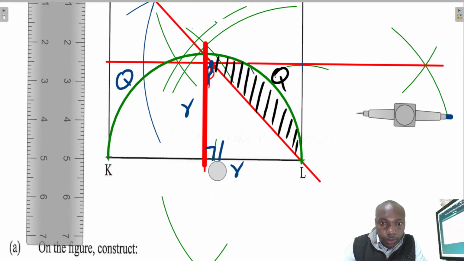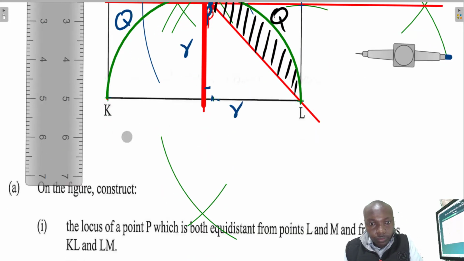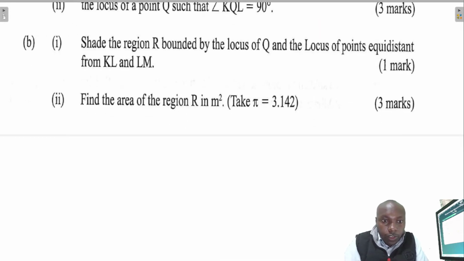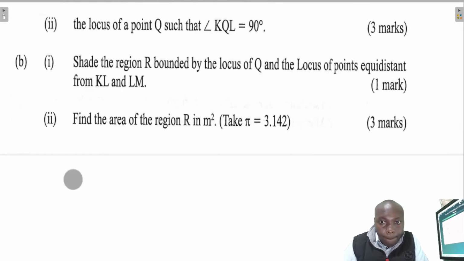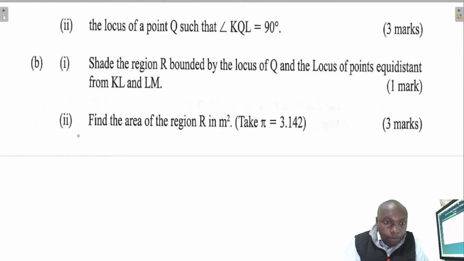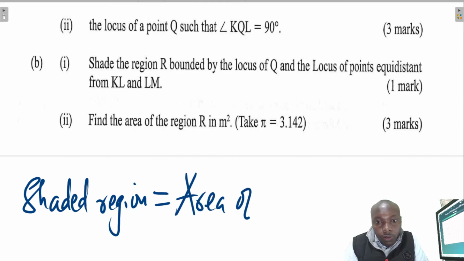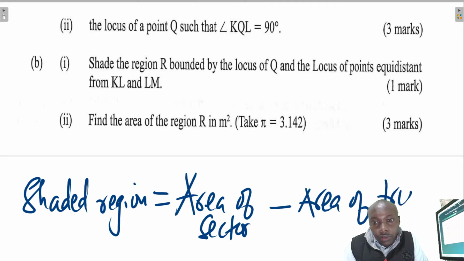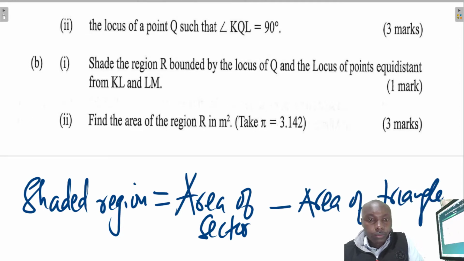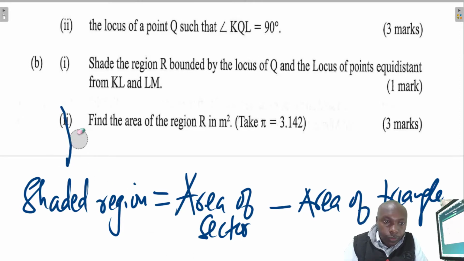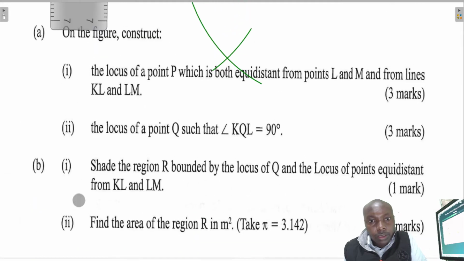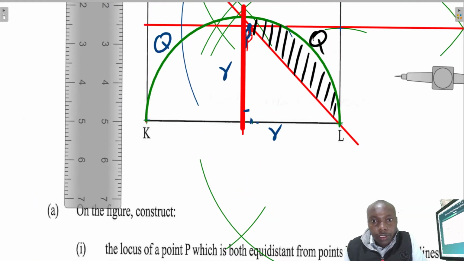So the shaded region is given by the area of the sector minus the area of the triangle. In this case, the radius is there.